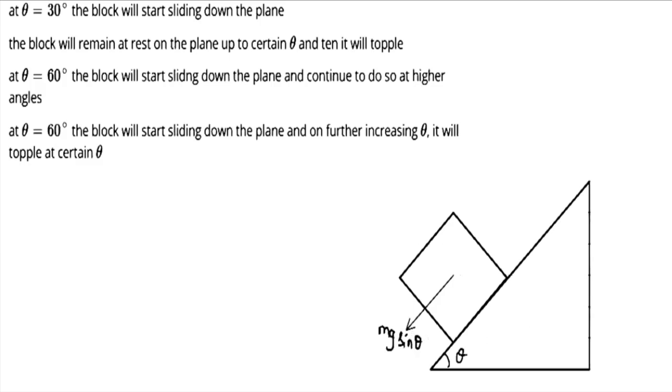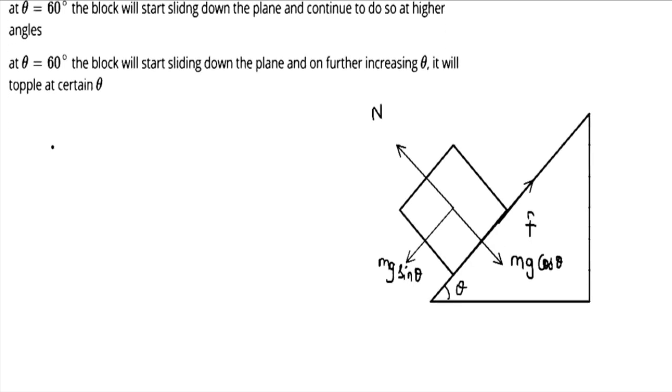And normal will be equal to the component of force down, mg cos theta, and there will be friction in this direction. So we write, this is our F, this is our normal, and this is our mg cos theta.